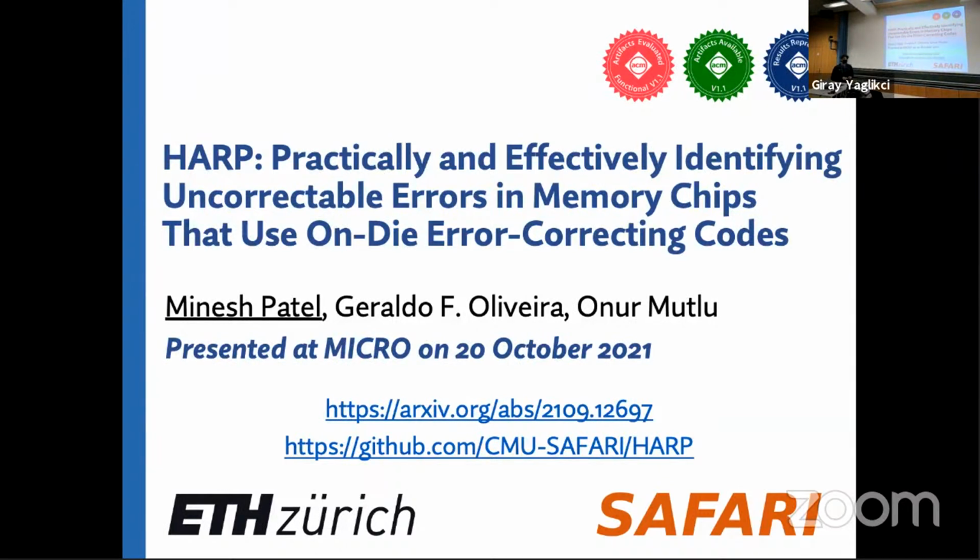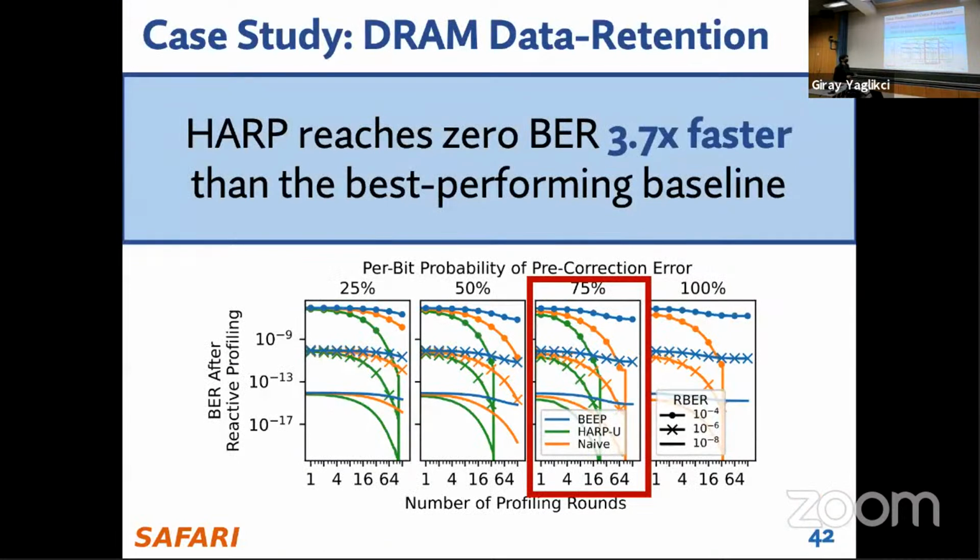Yeah, I think that's a really good question, because this question of feasibility is very subjective at some level. What we show here, let me go to one of these slides real quick, is this result in the case study. If you look at this orange curve, this is the naive mechanism.